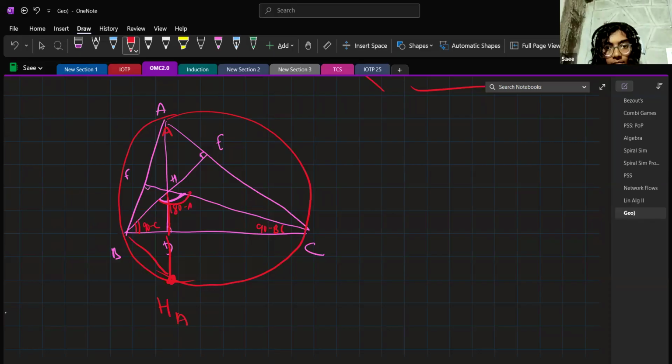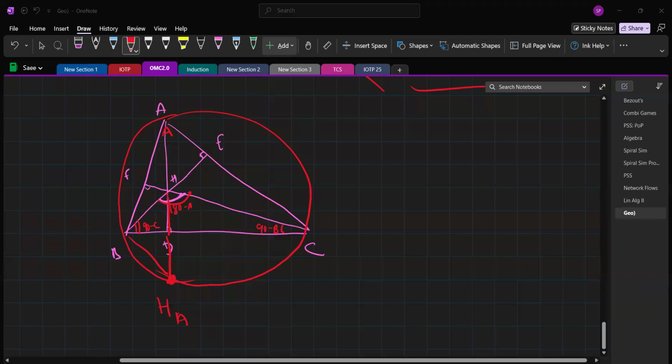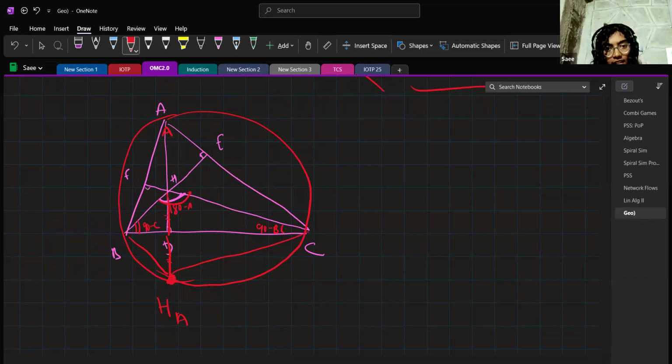Do people see why? Because BHAC must be equal to 180 minus A, which implies the cyclic quadrilateral. Yeah, exactly. Since we're reflecting H across BC, BHAC is 180 minus BAC, so it has to lie on the circle.